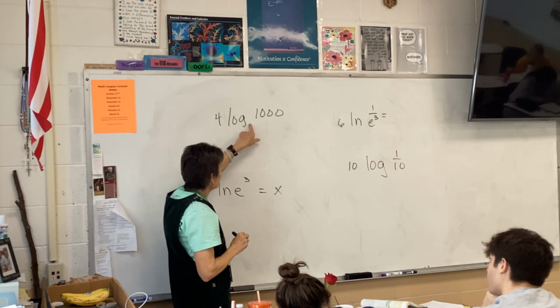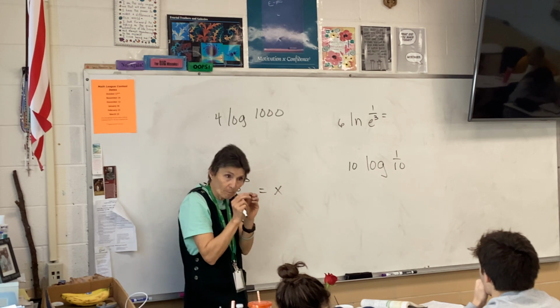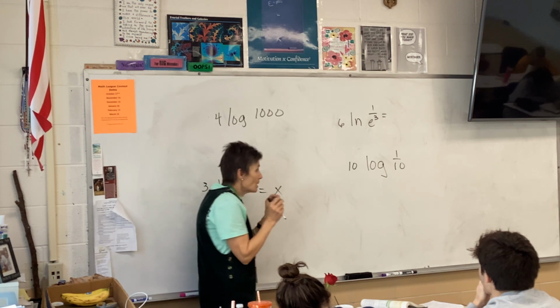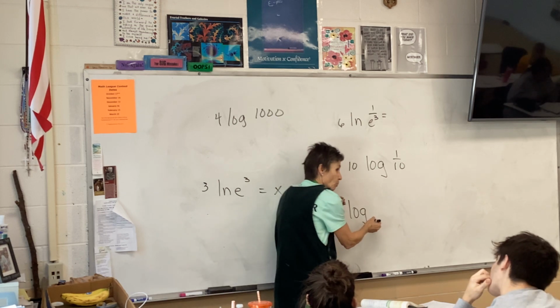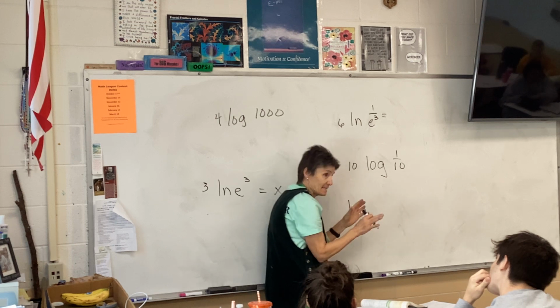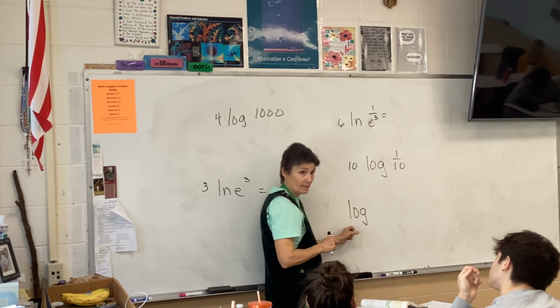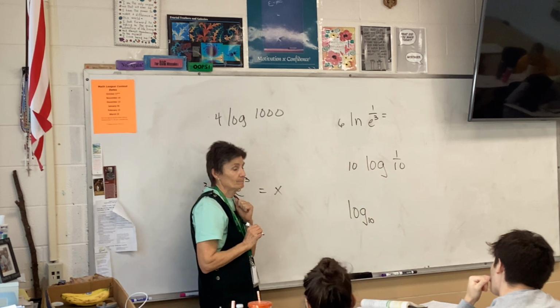Notice that these 2 LOG problems do not have a little base number down there. Whenever you see the symbol LOG with no base, now it can be a 7, it can be a 5, it can be anything, but if there's not one written, you know it is a 10.